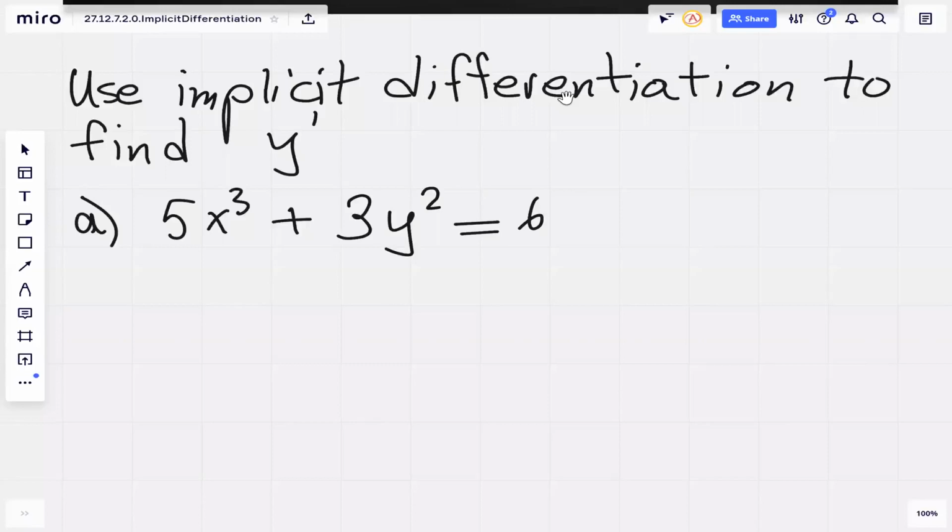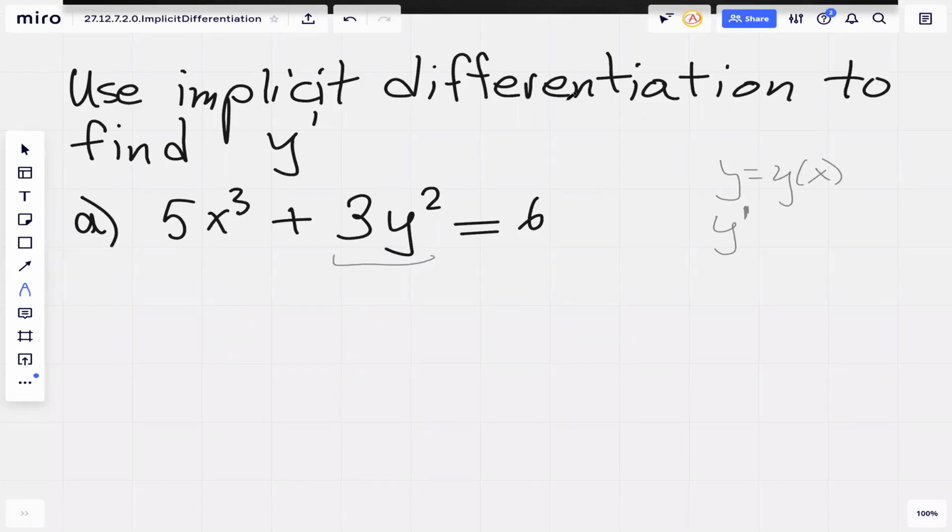Rather than solving for y explicitly and then taking the derivative, we're going to take the derivative directly, keeping in mind that y is a function of x. So when we get to y, we actually have to take y prime.